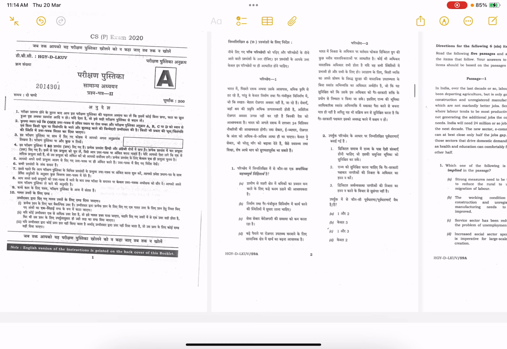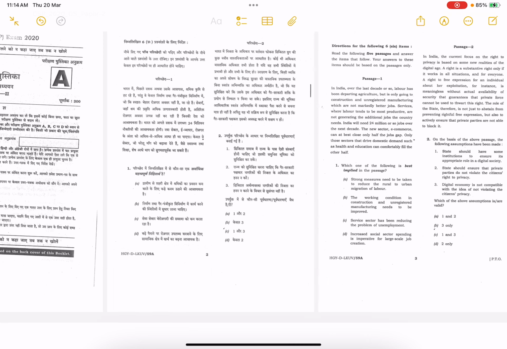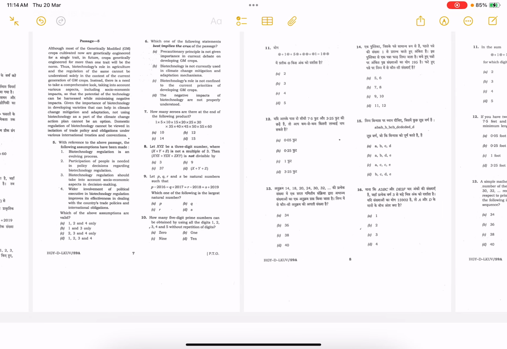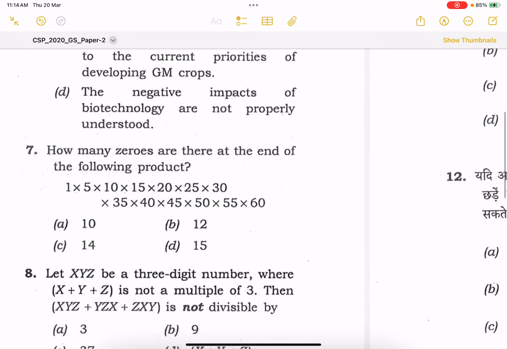This one is the question. Yeah, this 2020 set A question number 7.